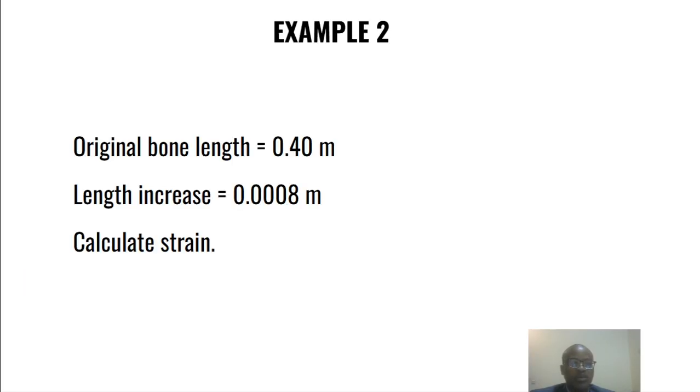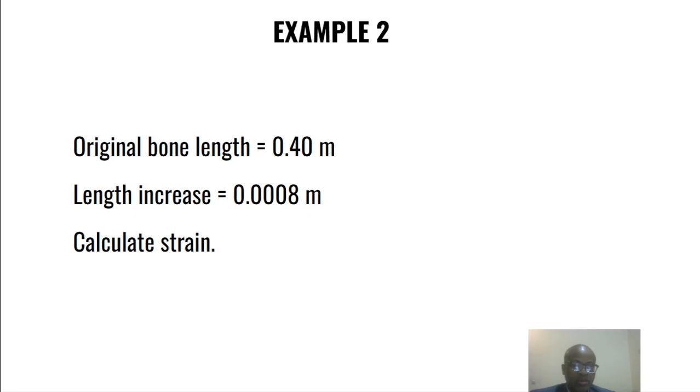All right, so let's solve a problem. This time I want you to make an attempt to solve this problem. The numbers have been given to you there. Just try and solve it on your own. This is about a bone.